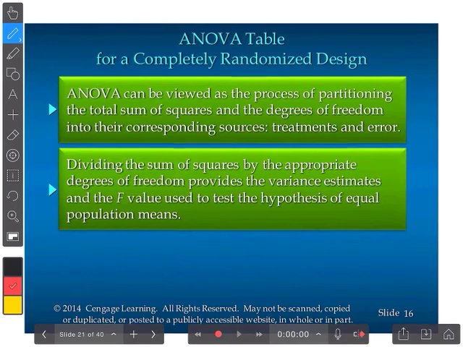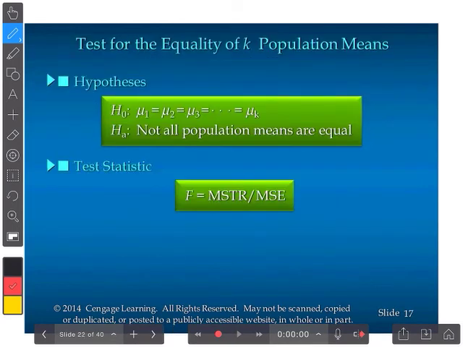I think it's a lot easier for us to appreciate it now if we begin to look at an example. So let's very quickly summarize what the hypothesis test would look like. H0: mu1 is equal to mu2 is equal to mu3 equal to mu k, and the alternative is that not all the population means are the same. Step 2, the test statistic: F is equal to the ratio of the mean square due to treatments divided by the mean square due to the error.